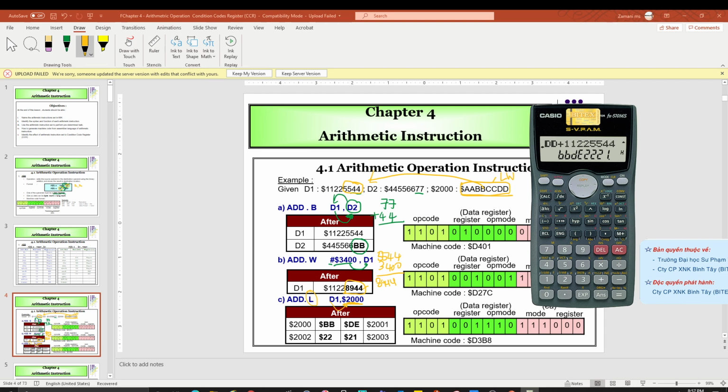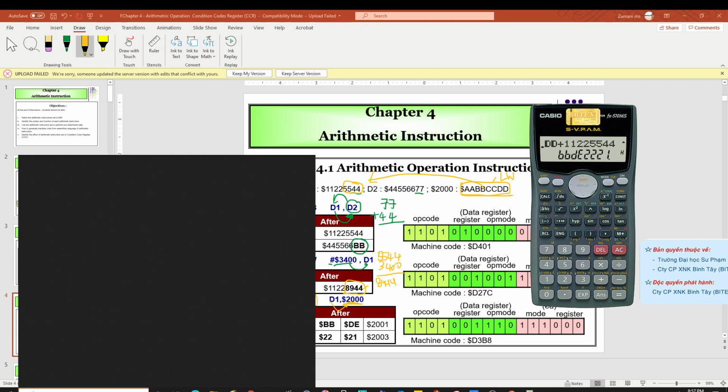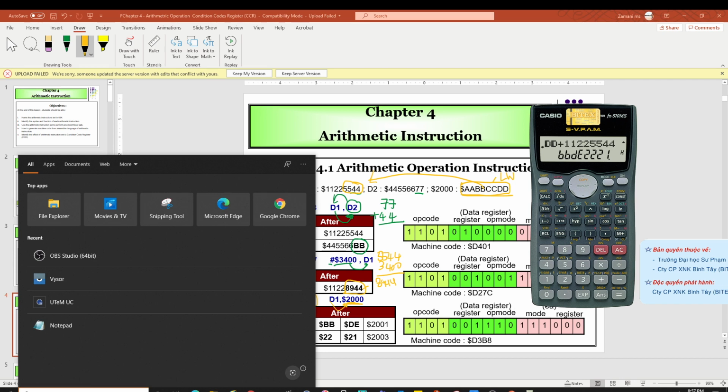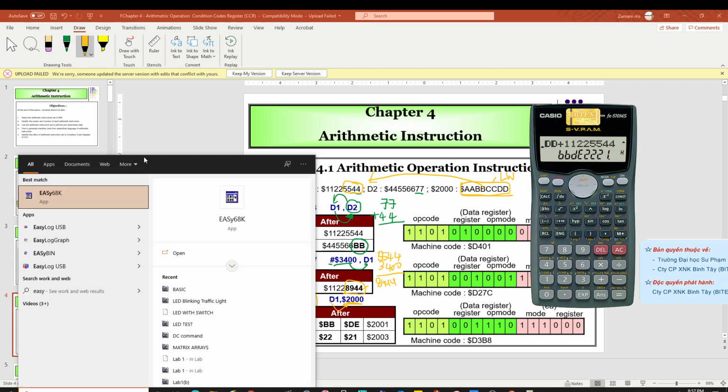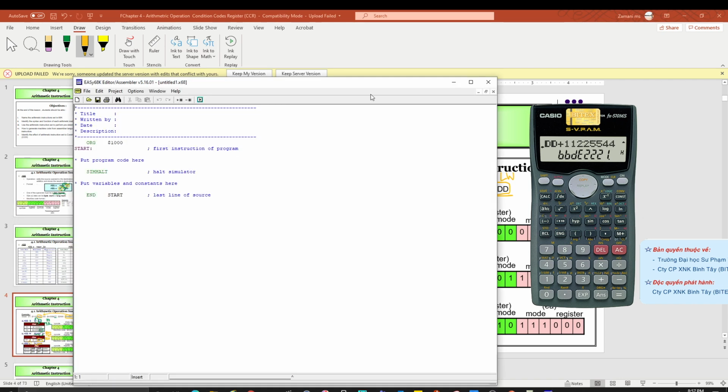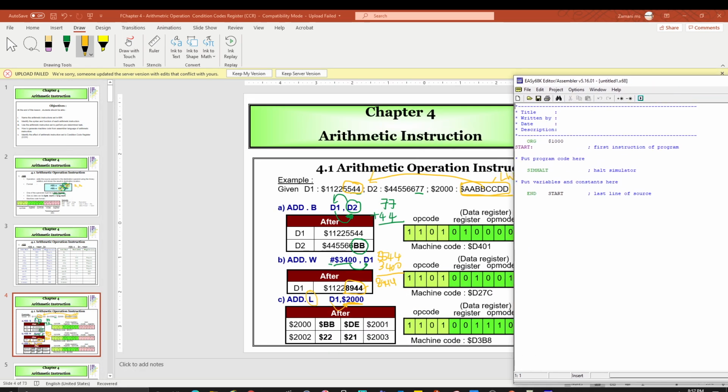Let's just try once at the Easy68K. I just want to do it very fast, since you should already know how to do it. Let's do the first one. I want to delete this one. I'll just do it once only.